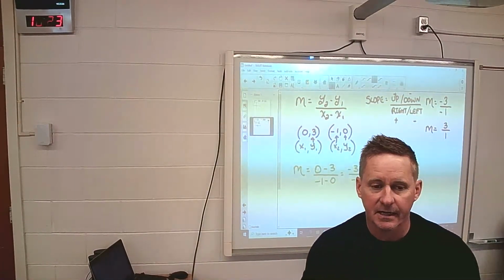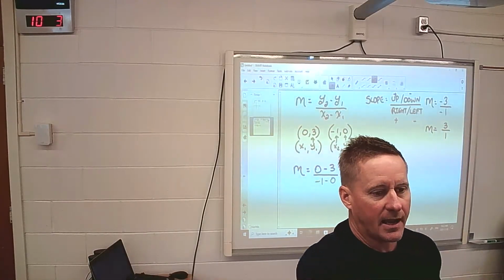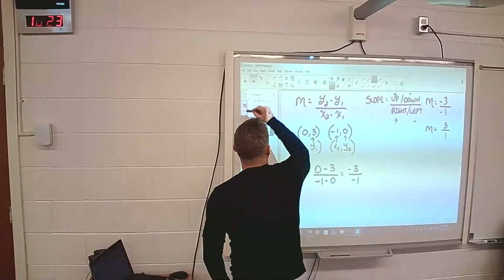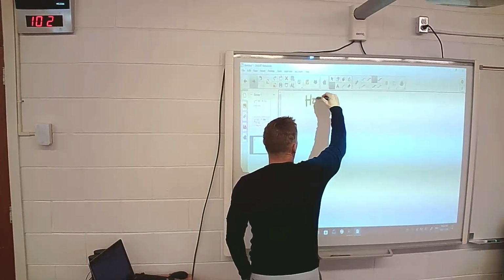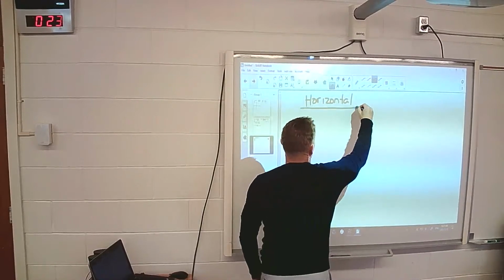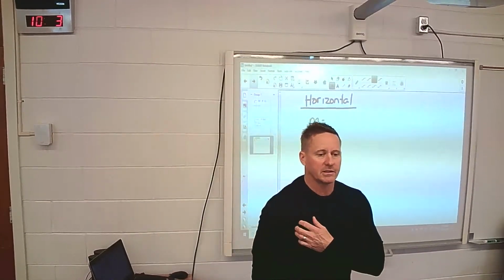A slope of 0 is a horizontal graph. That means the line goes horizontally. That's a slope of 0. That one's unique. So write this down somewhere: horizontal line. Now think about this for a second.